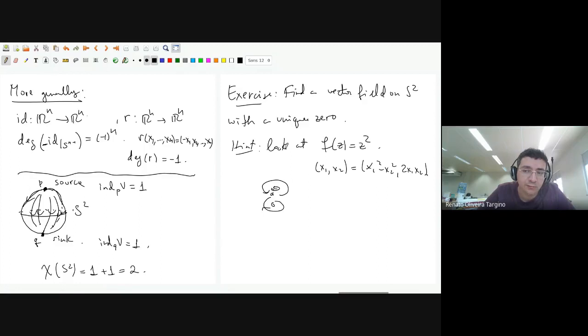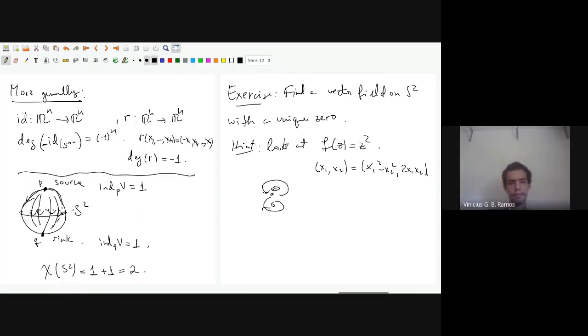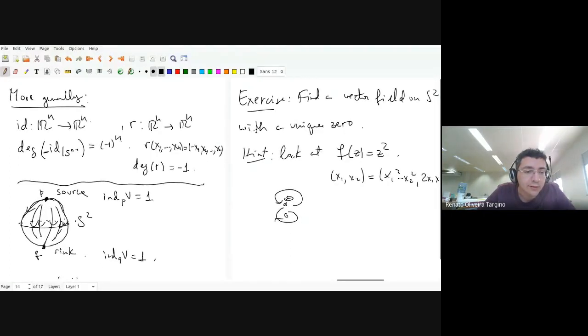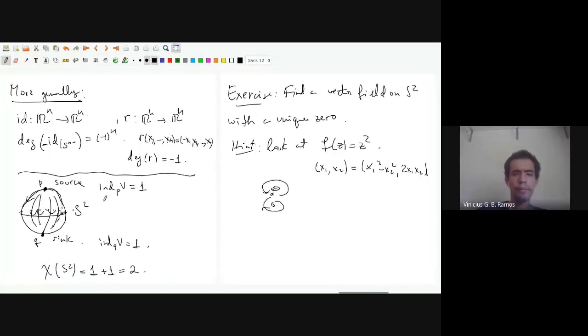It will be 0. Yes. So I could change a little bit the vector fields near here to not have 0. No, you cannot remove the 0 through a projection, through a perturbation.